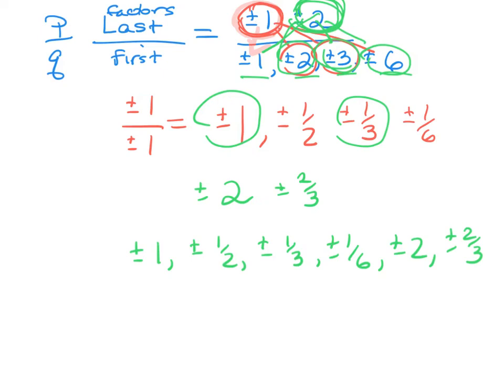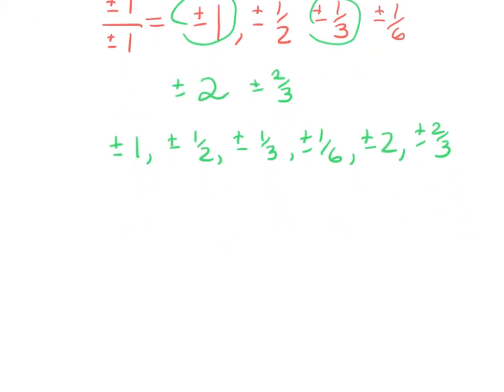Only 4 of them could potentially work, because we could also get a radical as our answer if it can't be factored. So let's see how lucky we get. I'm going to pick 1 and do a synthetic division problem. If I choose 1 and I don't get a remainder of 0, then I have to throw that one away and start all over again. Okay, so let's try it.